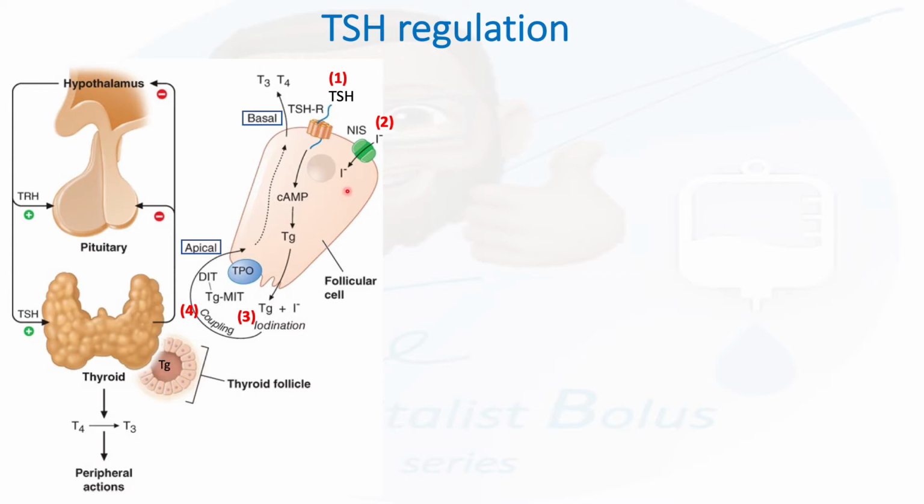The follicular cell has a basal membrane and an apical membrane. Basically, the synthesis of the thyroid hormones starts when TSH, the thyroid stimulating hormone, activates the TSH receptor, and that, through cyclic AMP, helps in the synthesis and release of thyroglobulin.